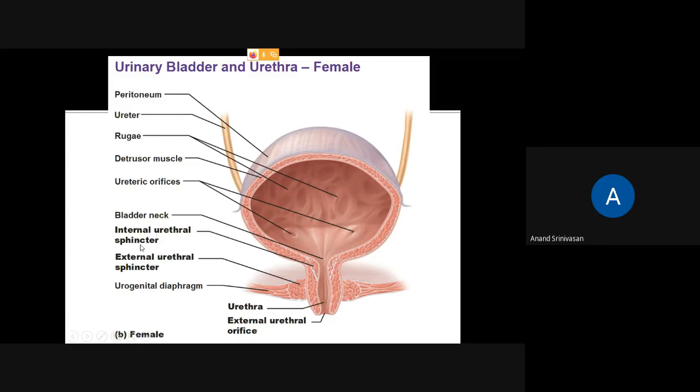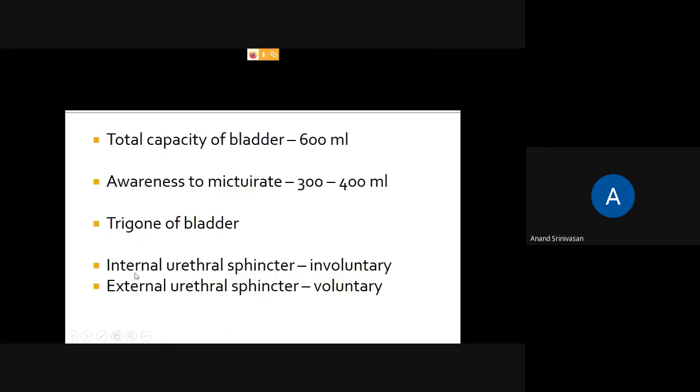The internal urethral sphincter is involuntary, which means it is not under our control and cannot be controlled by us. Whereas the external urethral sphincter is under our voluntary control, so we can control when it opens.